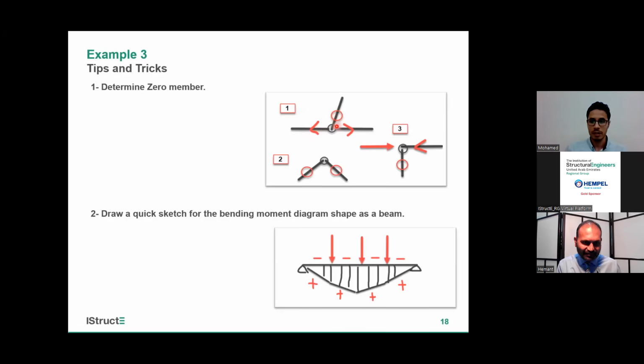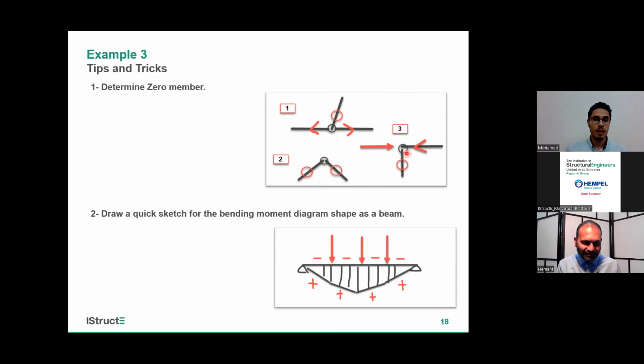If I have two collinear forces and another element, then if I solve this joint, this will be zero, as there is no vertical force to work against this. This first, and this also. If I have an unloaded joint, this will be zero, and this will be zero.